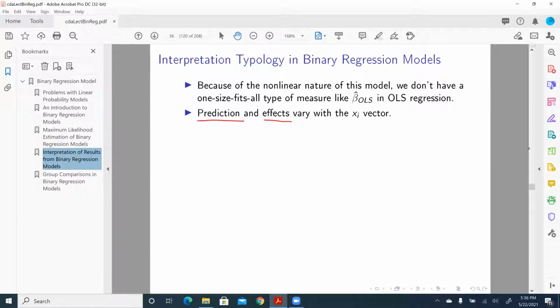They vary with a row of X values for covariates. And here I'm talking about the majority of measures of predictions and effects. There are exceptions, for example, odds ratio coefficients, which I'm going to talk about later on.